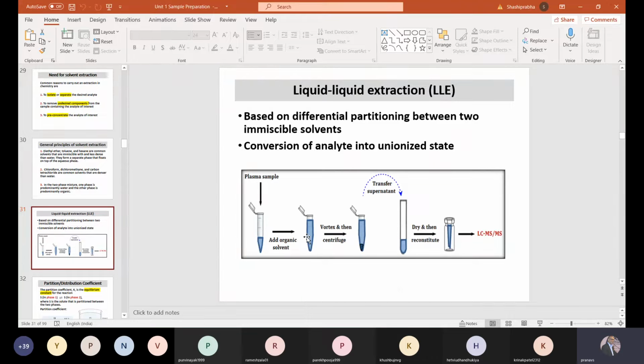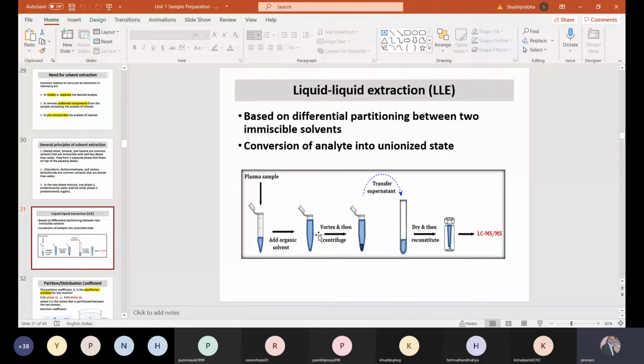So the entire work is done in very small volumes. And secondly, it is not done manually. Now it is done automatically. There is a machine where we can put all these vials and we can have several such extractions happening simultaneously. So we can reduce the use of organic solvents, and secondly it is not done manually, and this is how people now do liquid extraction.